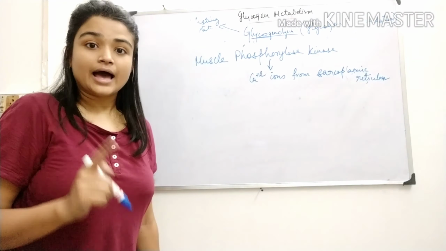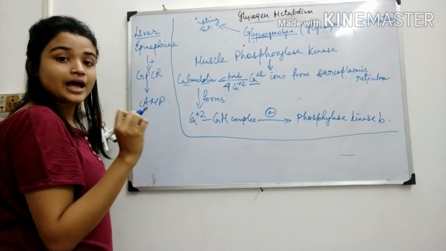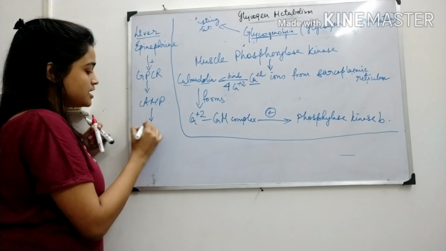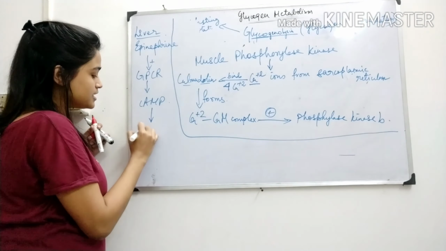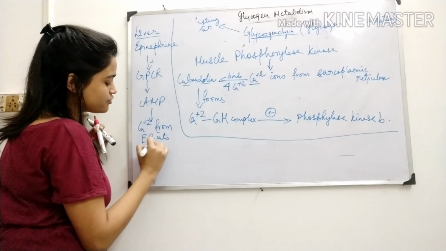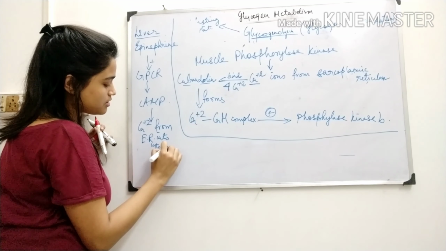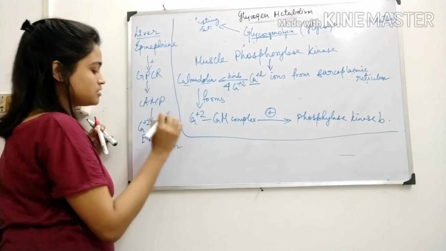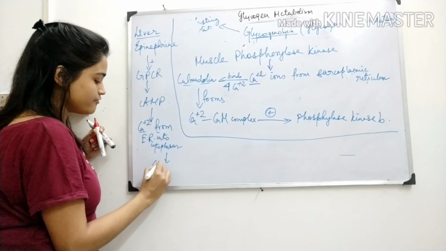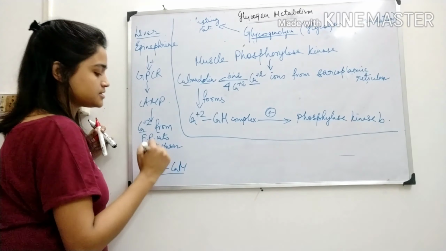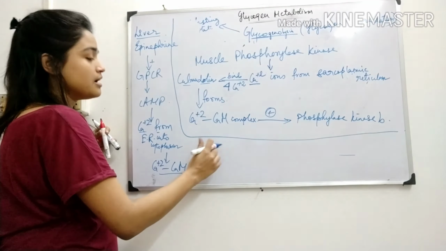Same here, epinephrine will also bind to GPCR, and this in turn will liberate cyclic AMP, and this will in turn release the calcium ions from ER into the cytoplasm. Now the same thing will happen in this case. It will bind with calmodulin and form the calmodulin complex, and this will again activate this phosphorylase kinase B.